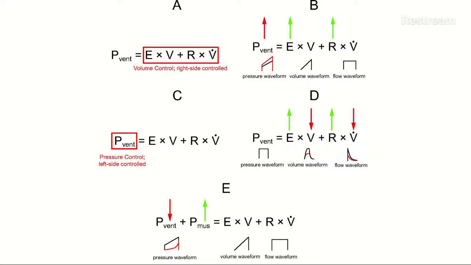So it will look at one breath it gives and then assess the resistance and elastance, two breaths, and then it says, okay, for 500 ml tidal volume I need to give this much pressure to achieve this. So it will increase the pressure by itself and deliver to target.